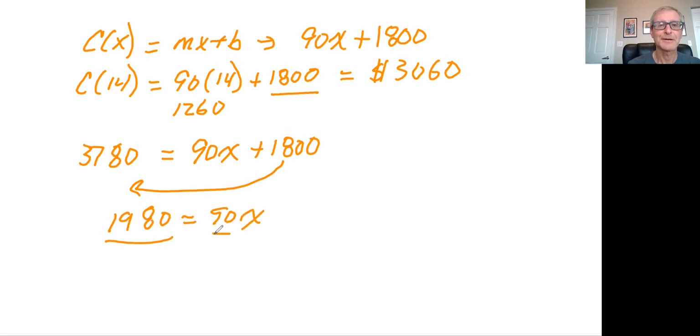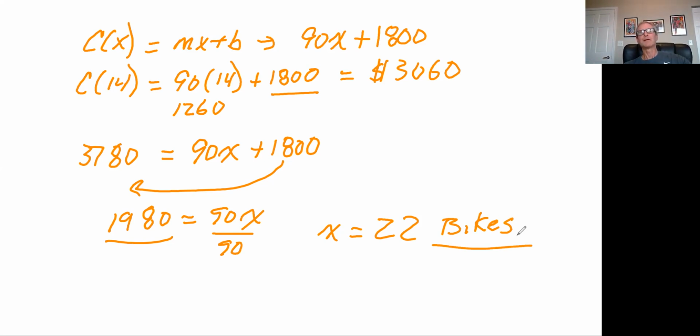Then if we divide each side by 90, we get x equals 22. So you can make 22 bikes, and that's how much money you would have to spend every day. A good rule of thumb is you want your variable costs to way outweigh your fixed costs if you're a manufacturer. Other businesses might not work that way, but definitely in manufacturing, that works that way.